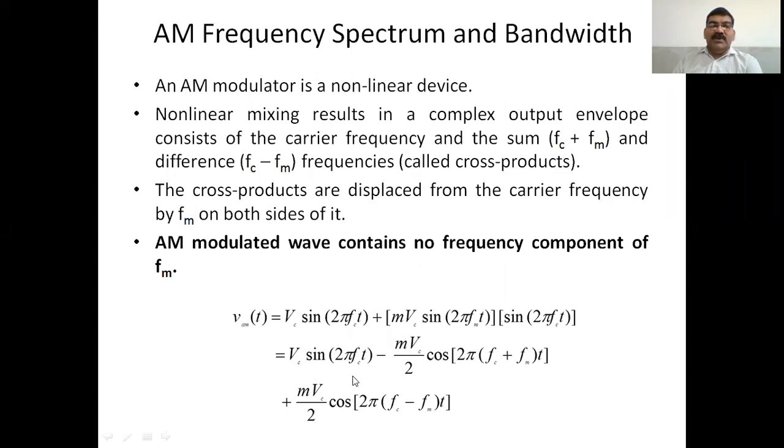This can be simplified: m Vc upon 2 cos is taken outside, using the identity for sin multiplied by sin, that is cos(a plus b).